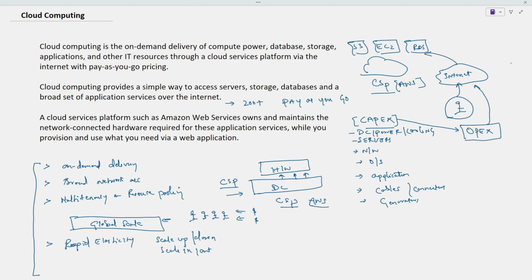So they need to measure the services which are being offered to the end user. So measured services. And this is for chargeback to the customer.